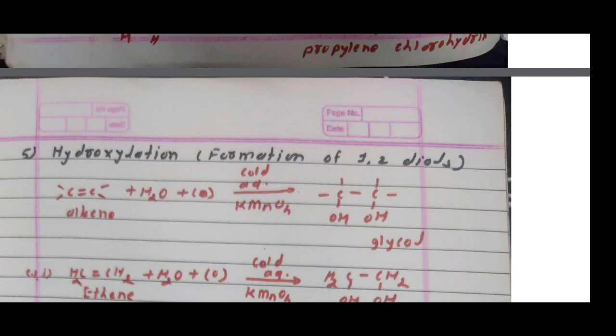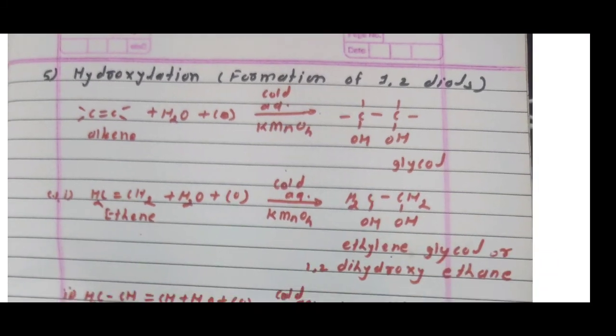Therefore, I am showing here the general reaction: C double bond C alkene plus water plus oxygen. KMnO4 is the oxidizing agent. Here we use cold aqueous KMnO4. Formation of one OH attached to one carbon atom and another OH attached to another carbon atom. Formation of glycol or 1,2-dihydroxy alkane.